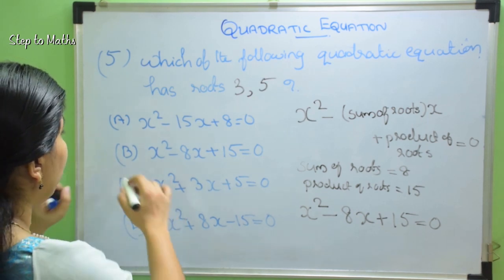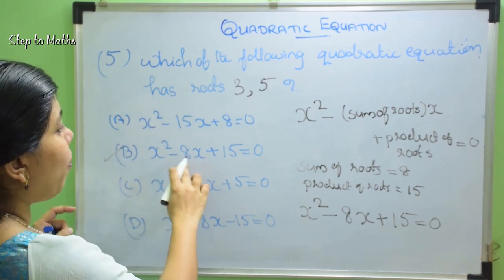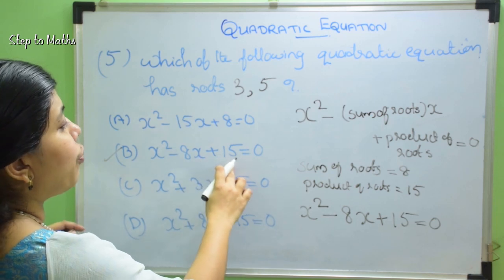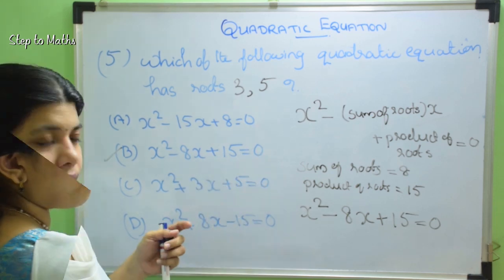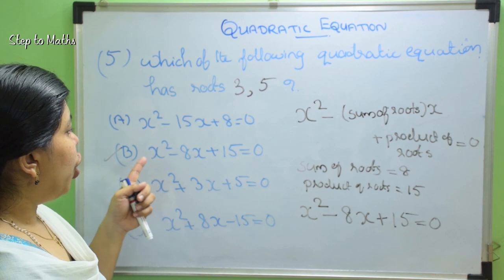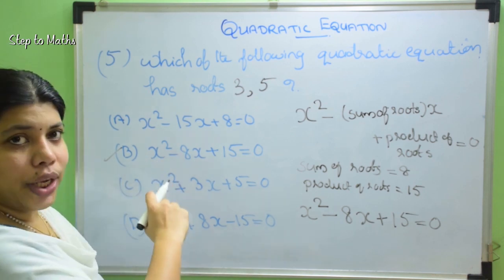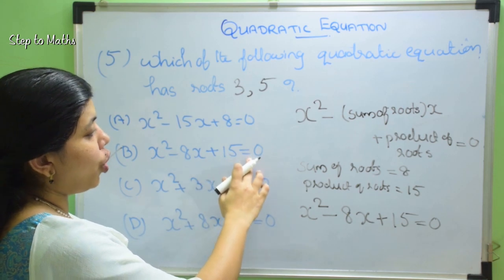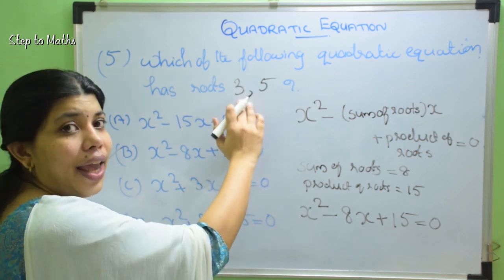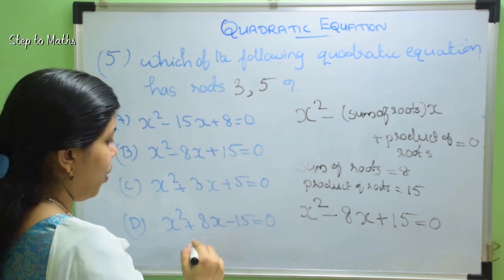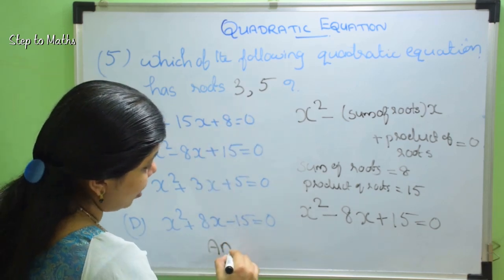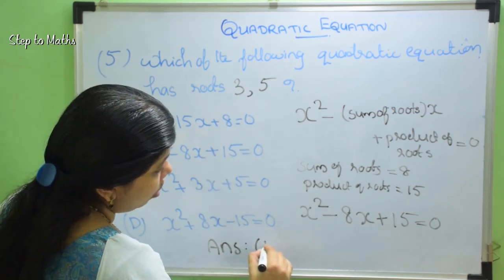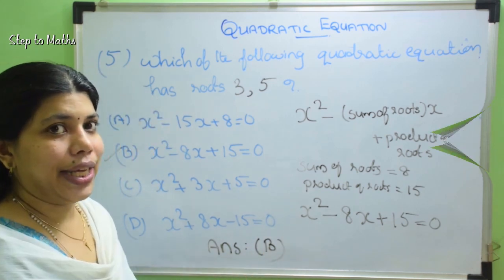Here option B, x square minus 8x plus 15 is equal to 0, has the roots 3 and 5. So our answer is option B.